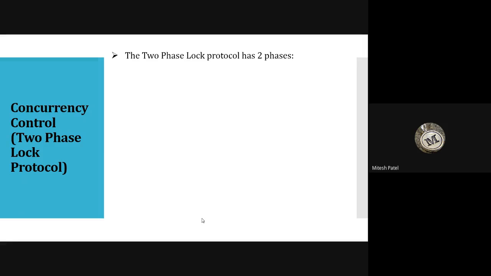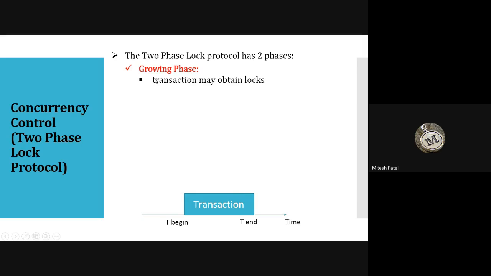In this two-phase locking protocol, there are mainly two phases. The name suggests its meaning. The first phase is the growing phase and the second one is the shrinking phase. As you know, the transaction begin and end are as per time. Your time starts the transaction here and ends here. Suppose the first phase is the growing phase. In a growing phase, any transaction may obtain only the locks.